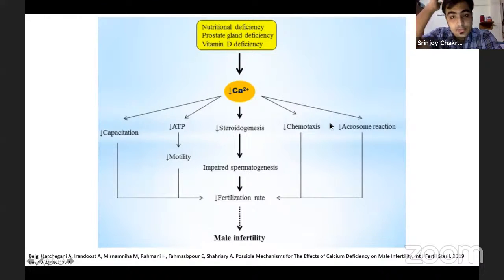As we know, calcium ions absolutely affect capacitation. They directly affect ATP production, which in turn affects motility. They affect steroidogenesis. So this is a flow chart describing how calcium affects the various processes of the sperm cell. The regulation of calcium ions also depends on the nutritional aspect. Calcium is a very important component in our diet as well.